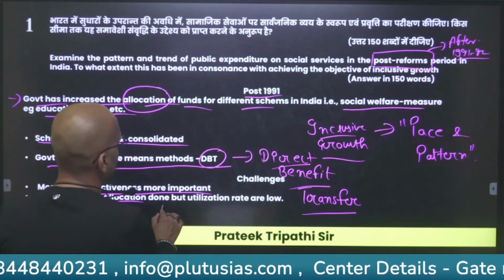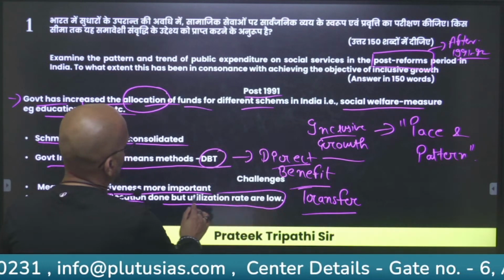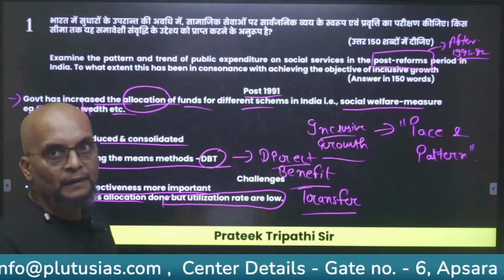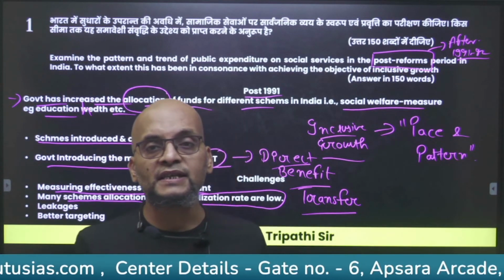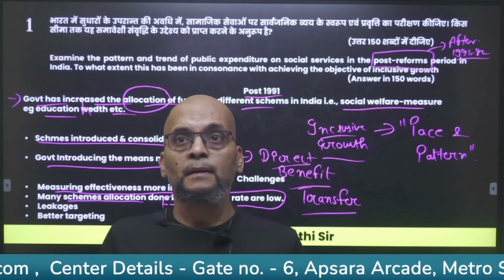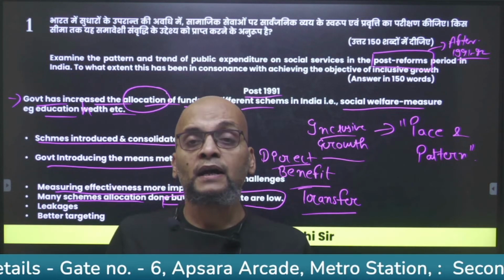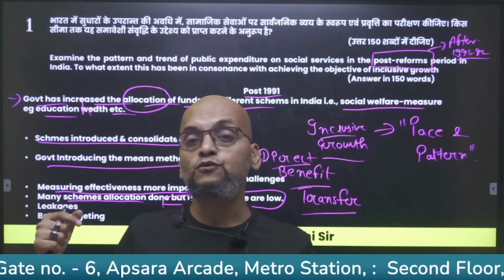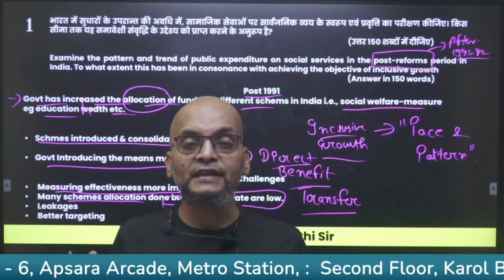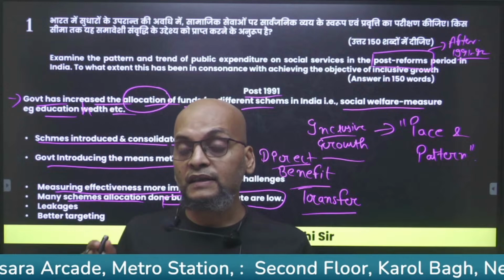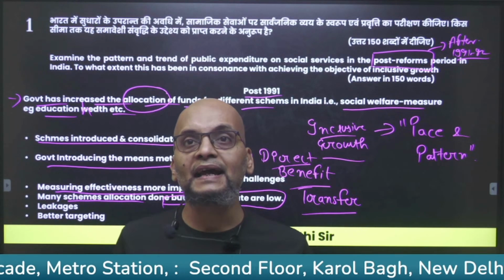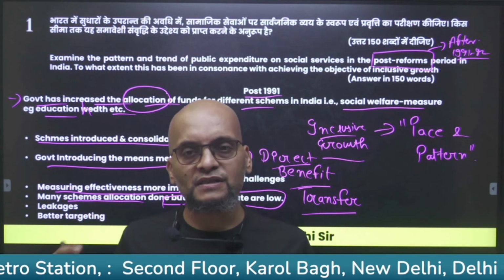Many schemes, allocation done, but utilization rate very low. And why am I saying so? Because several schemes of allocation have been done, but the utilization rate is very low. Getting my point? The individuals who are getting benefited, the real individuals who require the funds or who need the help, such individuals are fewer.